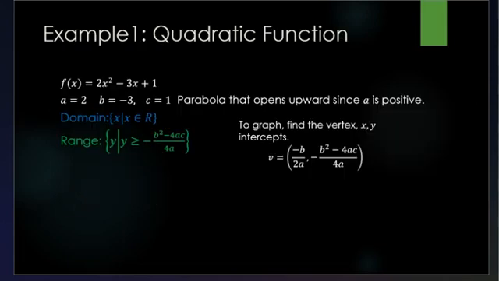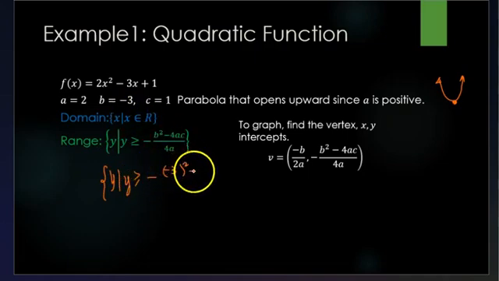So for our first example here, we have a quadratic equation wherein our a is positive 2. So this is a parabola that opens upwards. For our domain, it will be the set of all real numbers. Since it's a parabola that opens upwards, then we have this minimum value. This minimum value can be solved using this expression. So we just have to substitute the values, so negative 3 squared minus 4ac over 4 times a.